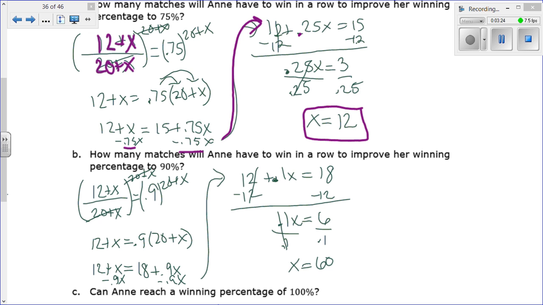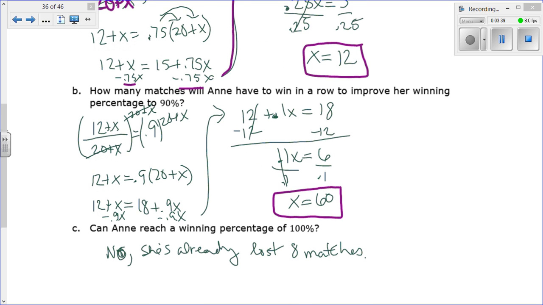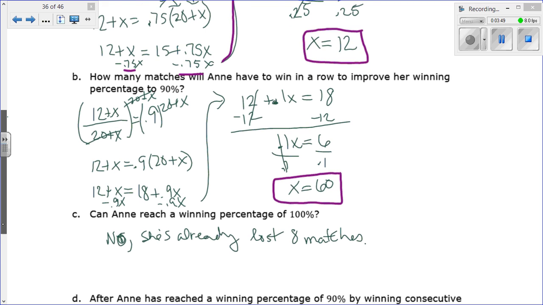Then subtract 12 from both sides, so I'll have 0.1x equals 6. Divide both sides by 0.1, and I end up with 60, which means they would have to play 60 more games in order for Anne's winning percentage to be 90%. And out of those 60 games, she would have to win all of them.